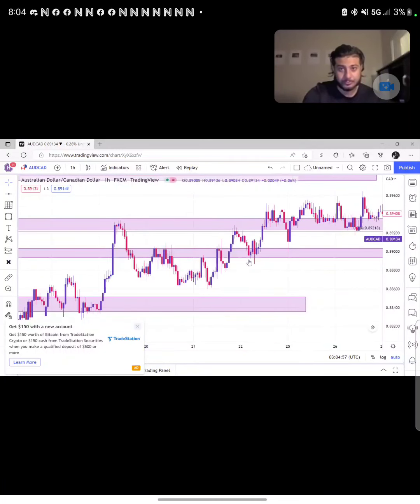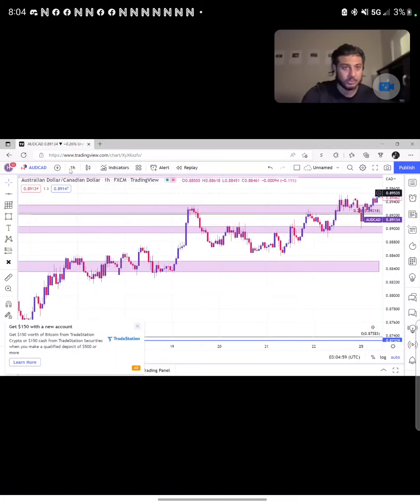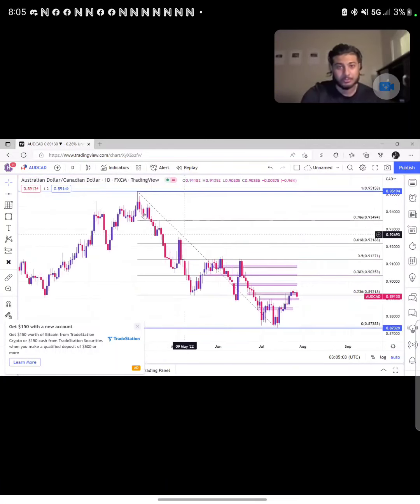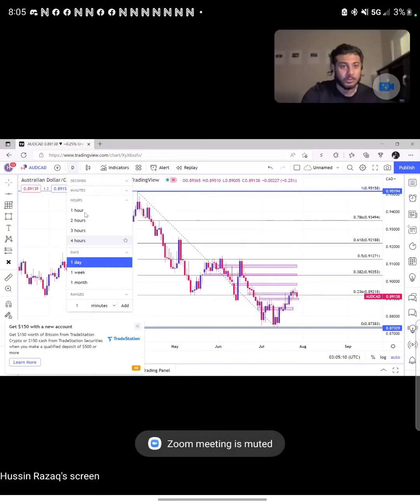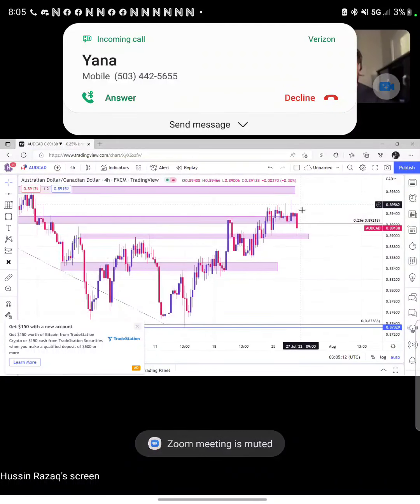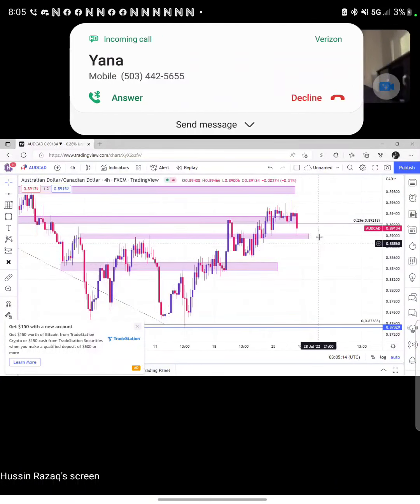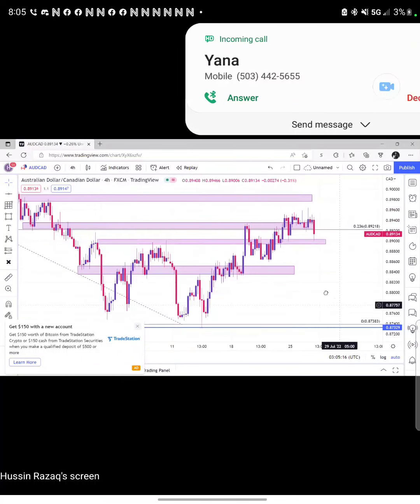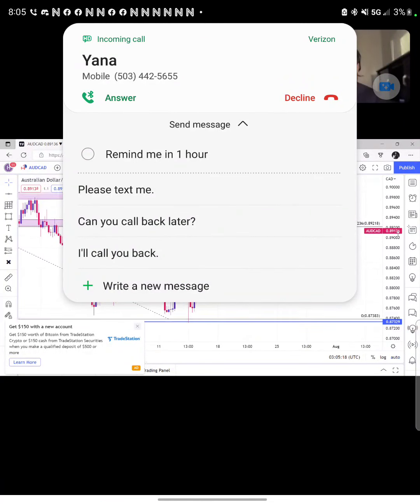Let's see, I believe this was on a downtrend overall. Let's go back on the daily time frame. Yep, so it's on a downtrend, so on downtrends we're going to look for sells. It could do one of two things.